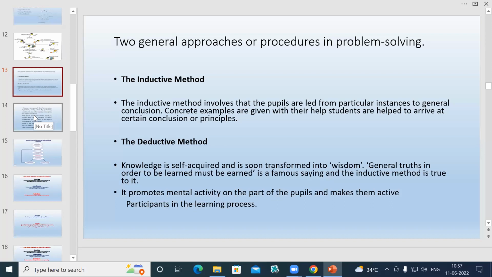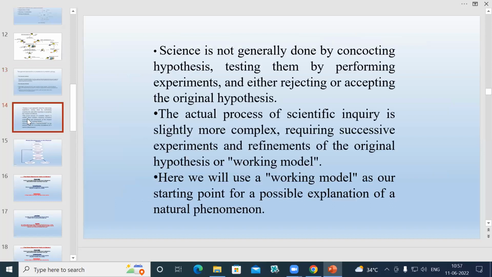Next slide, please. Now this inductive and deductive approach, I have already told you that this problem solving method is totally scientific in nature. So science is generally done by testing hypotheses by performing experiments and either rejecting or accepting the original hypothesis.